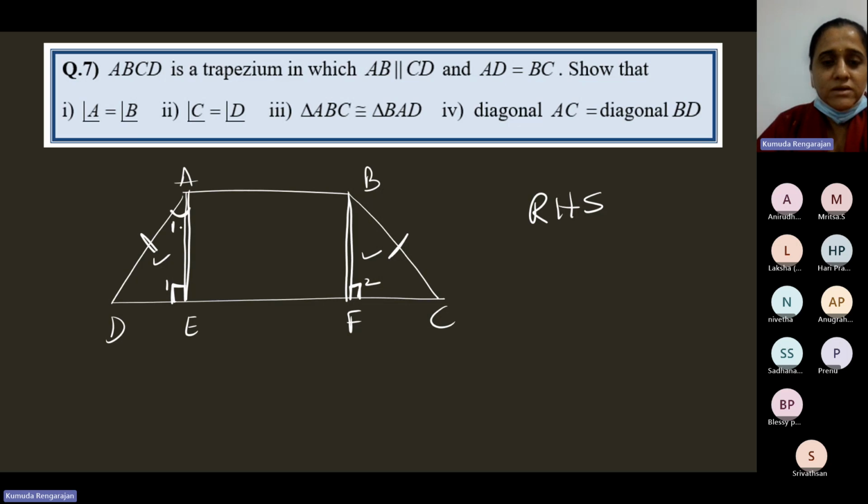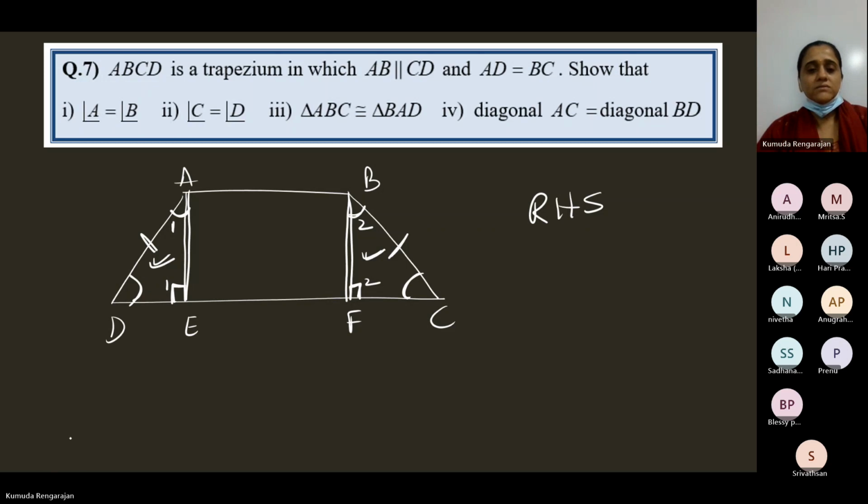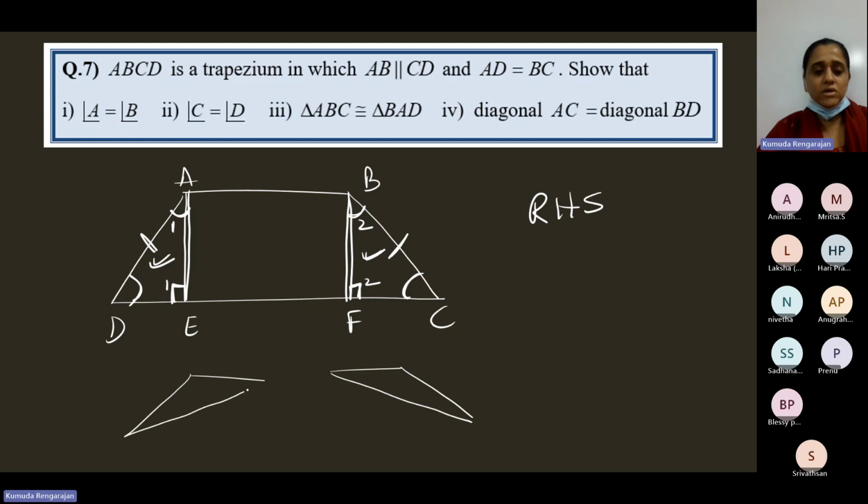CPCT, angle 1 is equal to angle 2. Add 90 to both the sides. So angle 1 plus 90 is equal to angle 2 plus 90. So we get the whole of angle A is equal to the whole of angle B. Then for C equal to D directly, angle C is equal to angle D, by CPCT, because these two triangles are congruent. Then to prove that this triangle is congruent to this triangle, this is the common side.